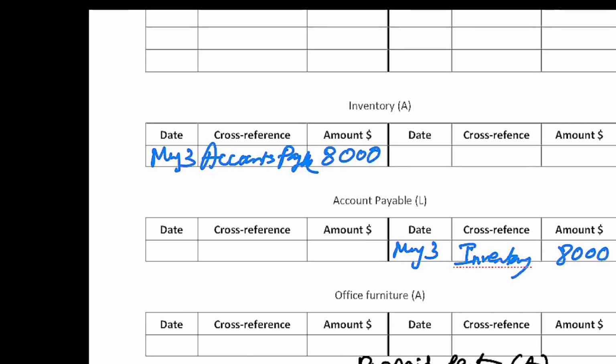Then can you do the rest of the questions, please? Rest of the transactions. Start from the 4th, May 4th. If you are not sure, ask me.